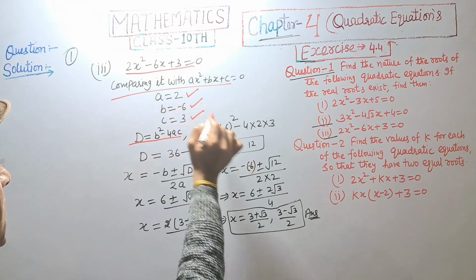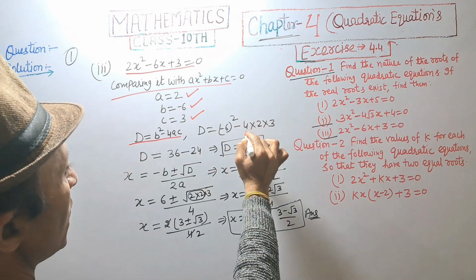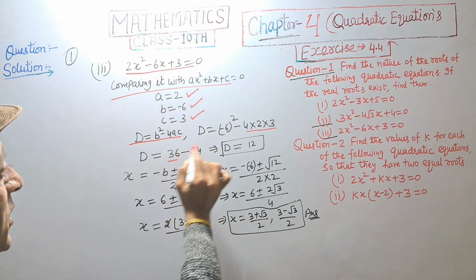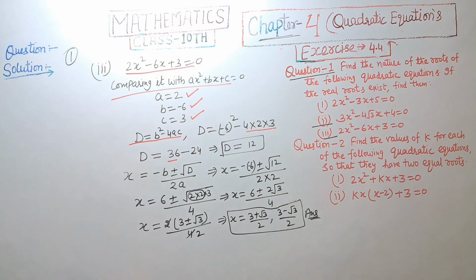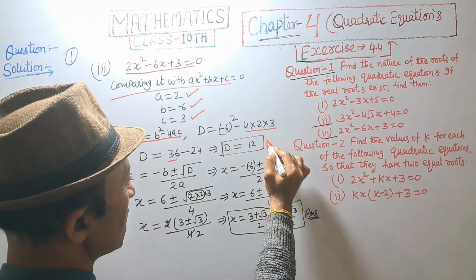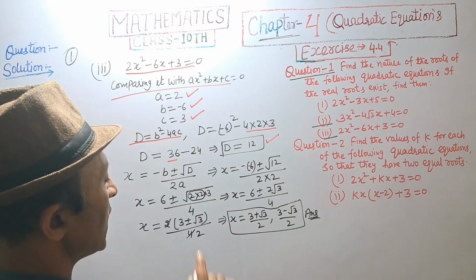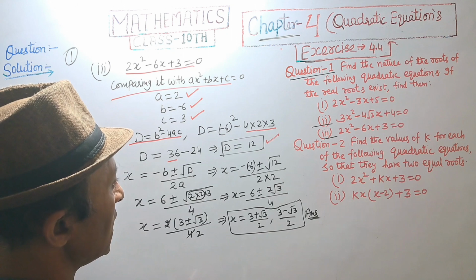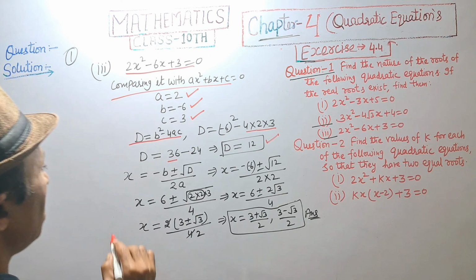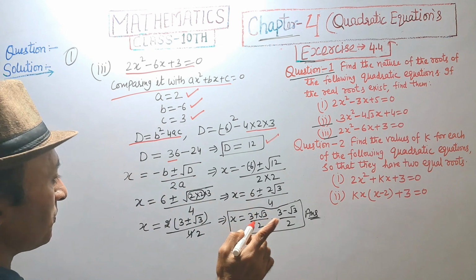D is equal to minus 6 square minus 4 into a into c. 6 6s are 36 minus 4 2s are 8, 3s are 24, and 36 minus 24 is equal to 12, and we get the value of discriminant D that is equal to 12. And hence the roots are unequal.